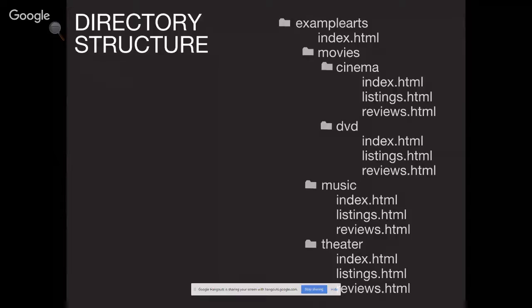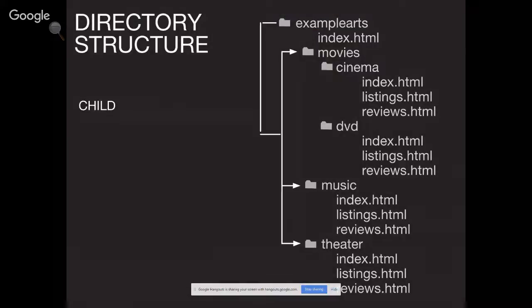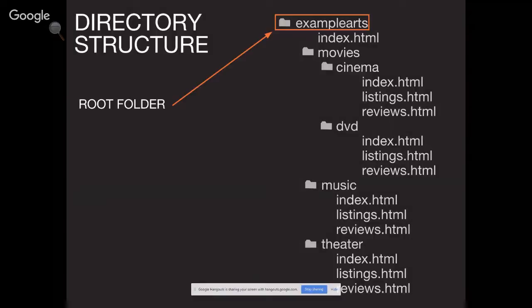So let's say that from your root folder, so from your index.html, you wanted to link to the listings.html. So what would that look like, do you think? Maybe we haven't talked about it, so maybe I should just go ahead. I would think it would be like example arts slash index slash DVD slash listings, rather.